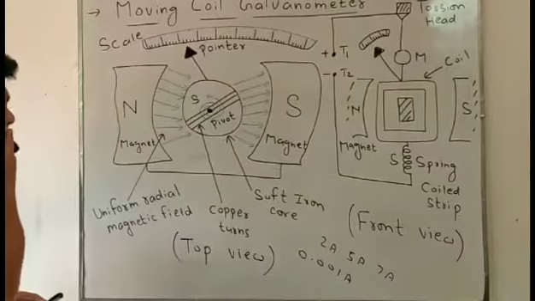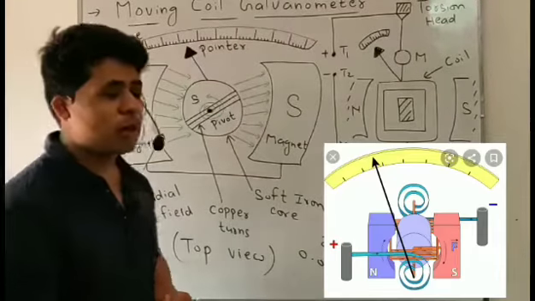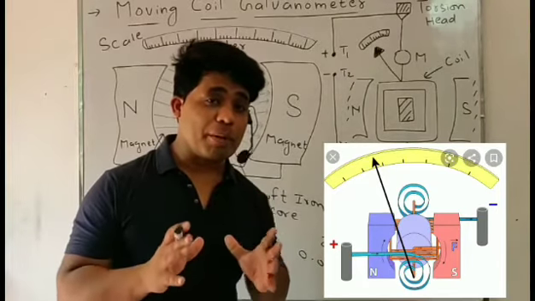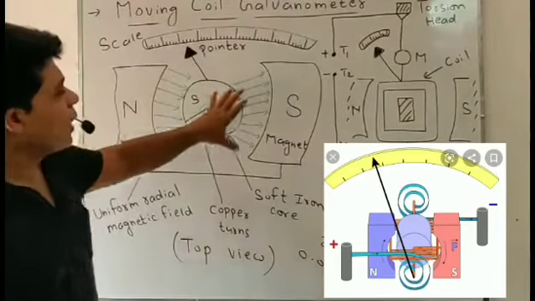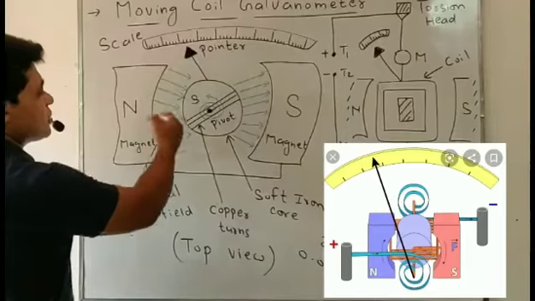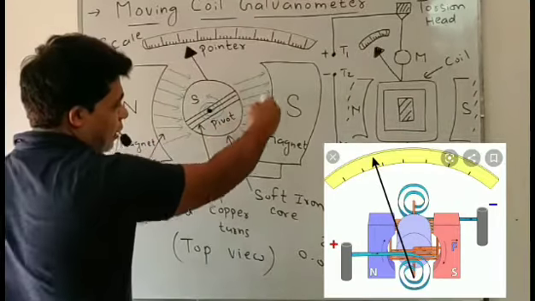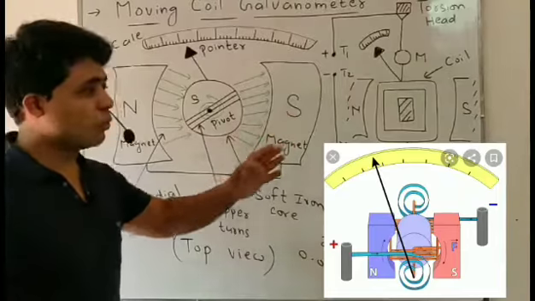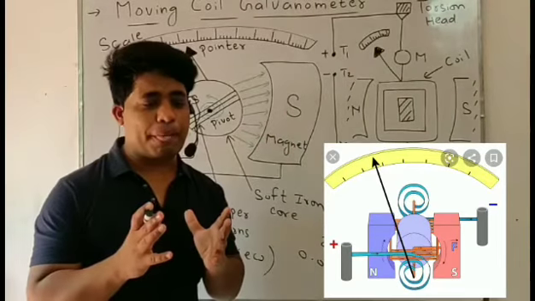Look students, as you can see, the very first thing, it consists of a strong cylindrical permanent magnet, north pole and south pole. This is cylindrical, made with a curve, a strong magnet that generates a strong magnetic field.